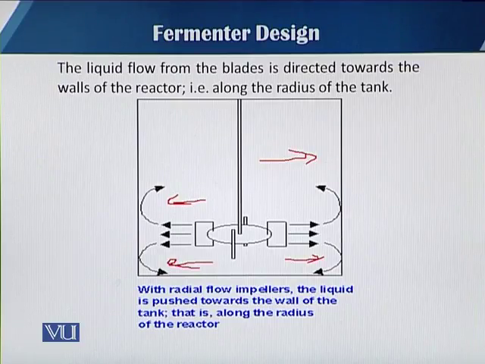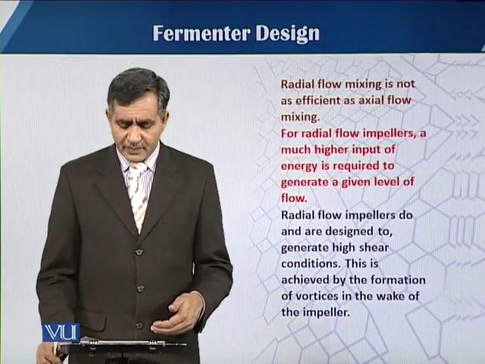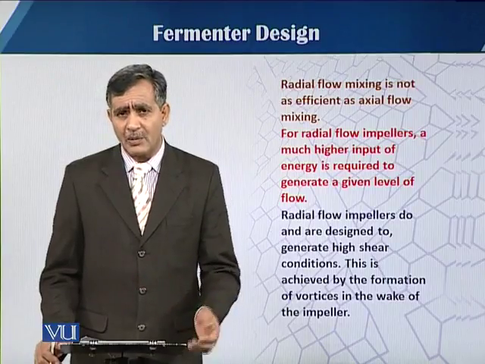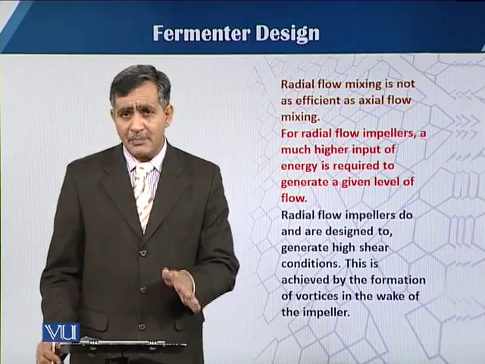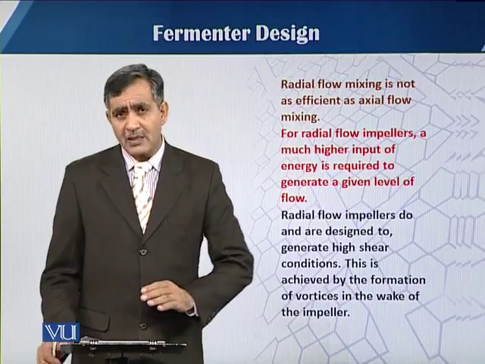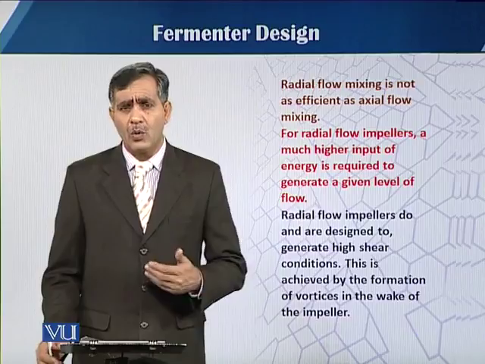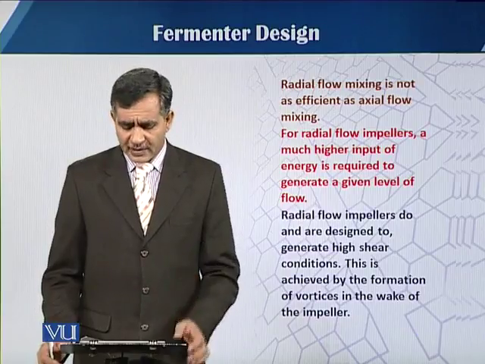With the radial flow impeller, the liquid is pushed toward the wall of the tank along the radius of the fermenter. So radial flow mixing is not as efficient as axial flow. We will talk about axial flow in detail, but in comparison axial flow is considered more efficient, though radial flow has its own positive factors.